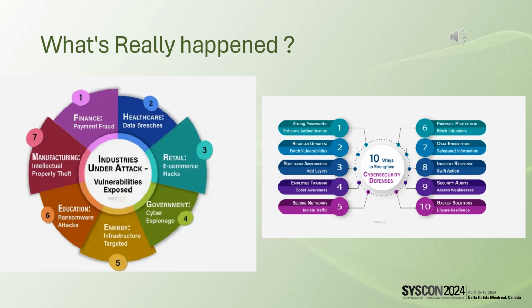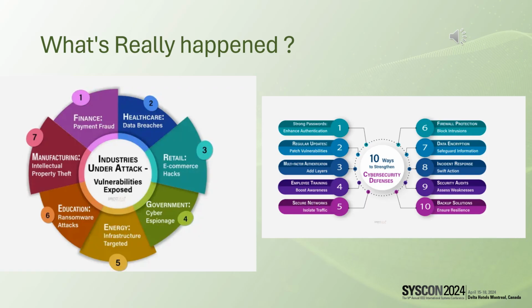For the government, one of these examples, critical infrastructure inside the government, the cyber espionage. The governments are targeted for sensitive information. And for the energy, we can also think about the infrastructure that is targeted.